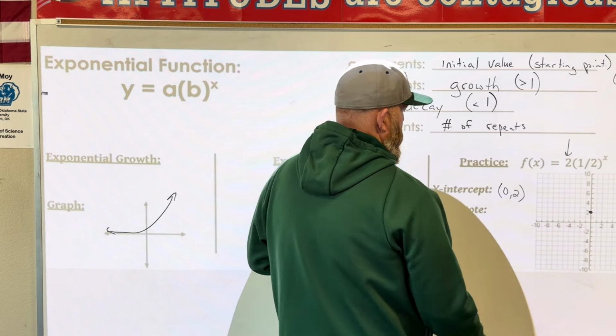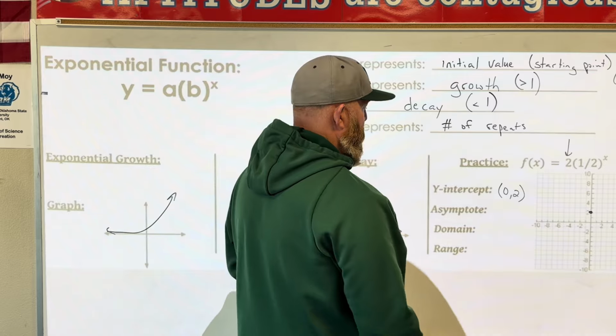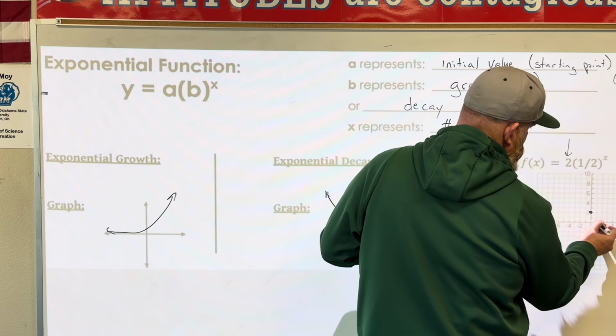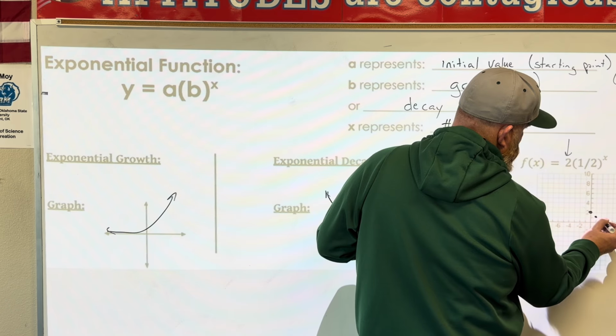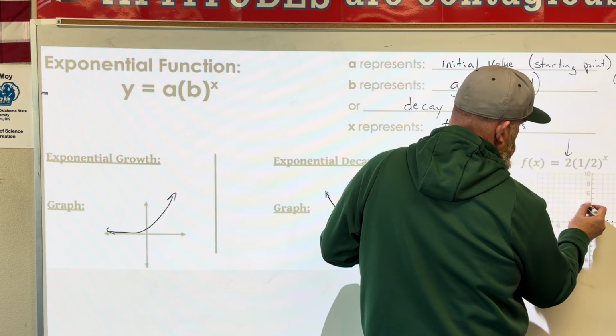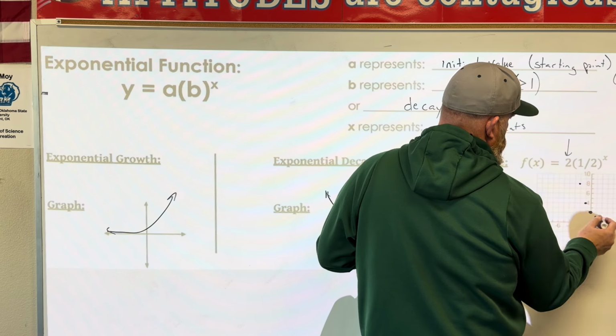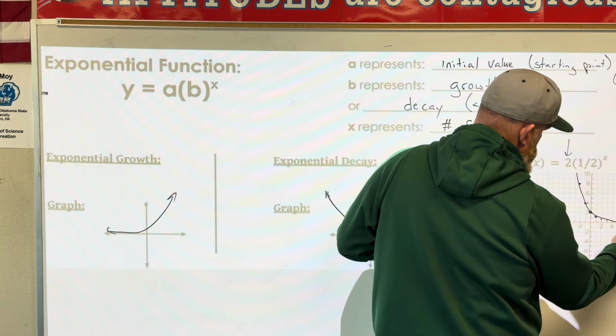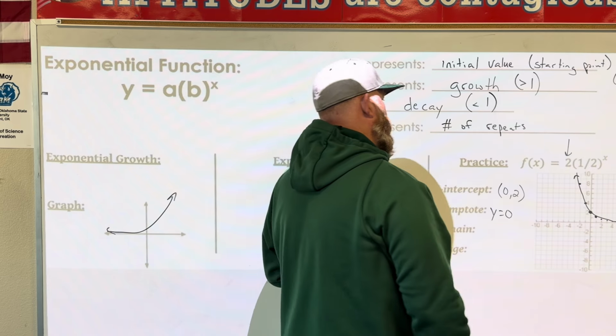Now, my asymptote should be y equals 0, because your graph should look something like this. It's basically the same thing as before, just backwards. Is that what it looks like?